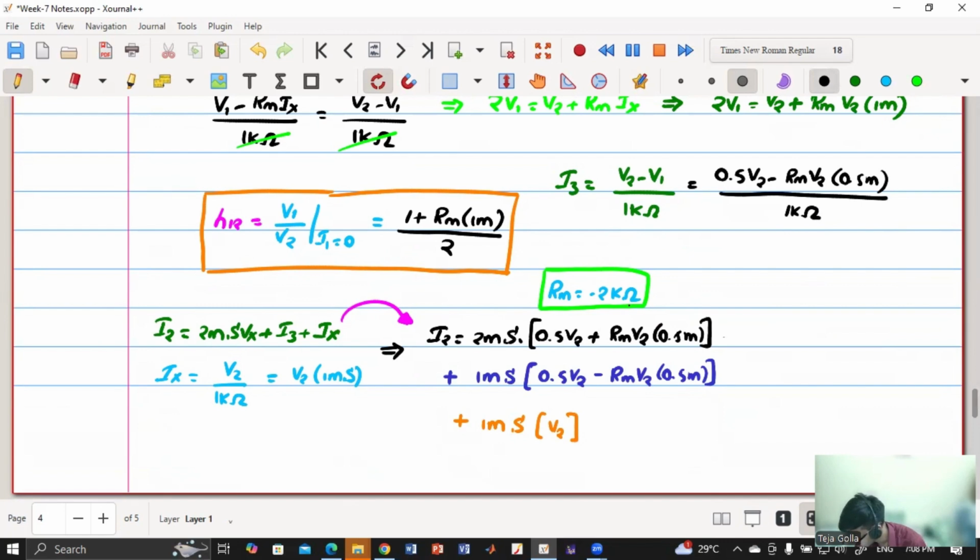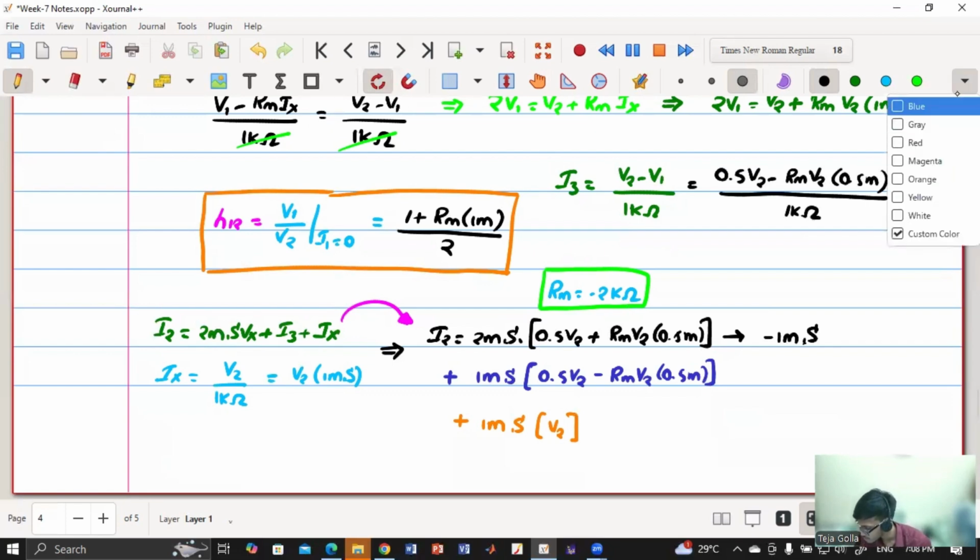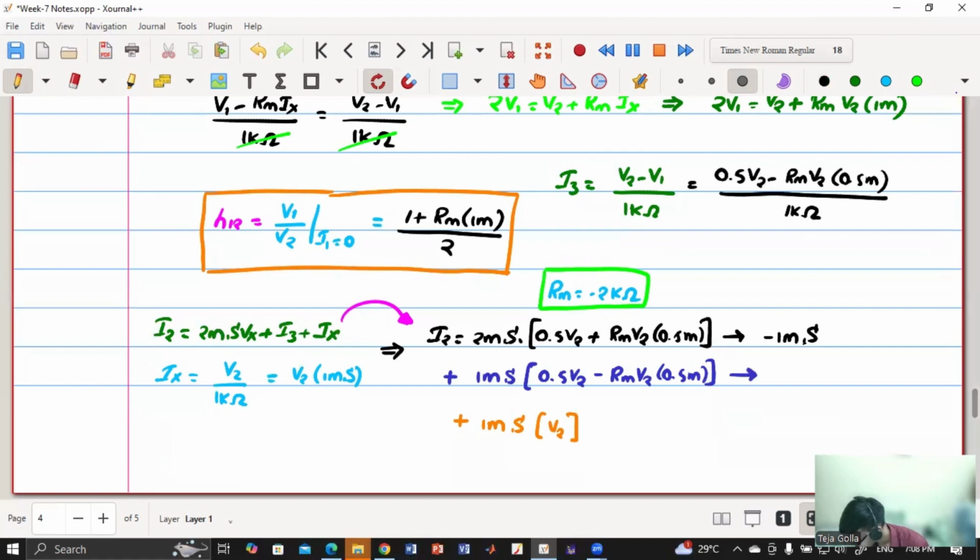So that part needs to be substituted, right? If I individually calculate this, Rm V2 into 0.5 milli into 2 kilo is minus 1. 0.5 V2 minus 1 is minus 0.5 into 2 milli, is how much? Minus 1 millisiemen, right? I am just substituting and simplifying it. And this one will be how much?